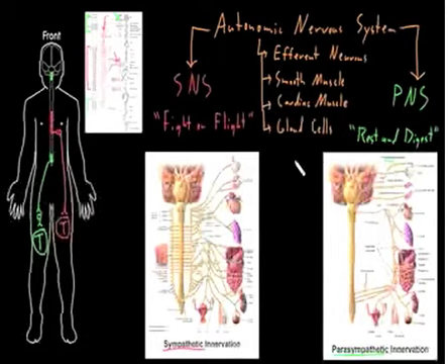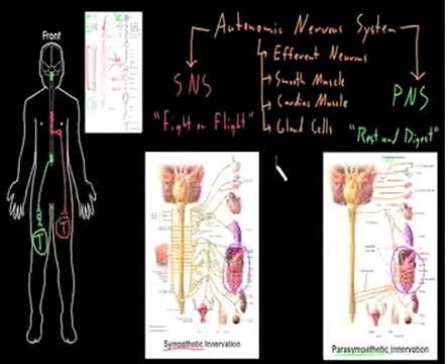So let's take a few examples of a few tissues where these different responses happen to get a feel for what this means. So first, let's look down here at the gastrointestinal system, the intestines or the gut. And both the sympathetic and the parasympathetic nervous system play a role in a lot of activities of the gastrointestinal system.